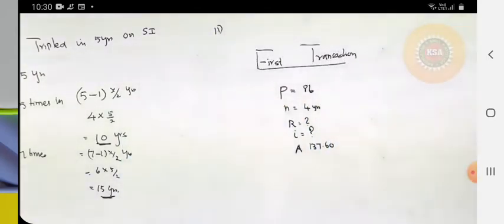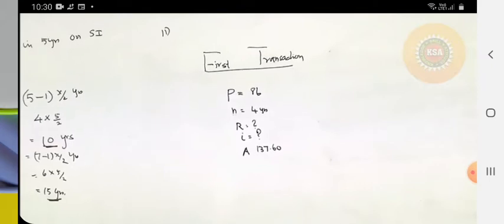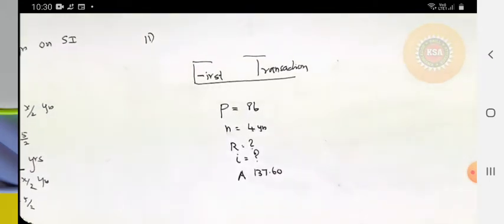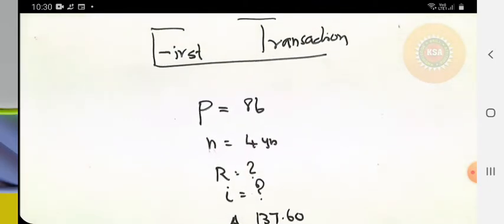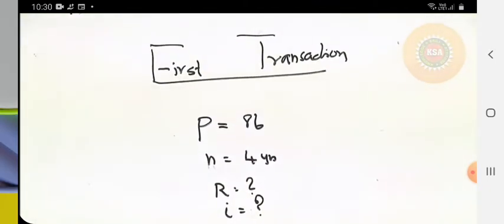First paragraph you study: a sum 86 becomes 137.60. P given, A given, N 4 years. Rate of interest not given, that you have to calculate.